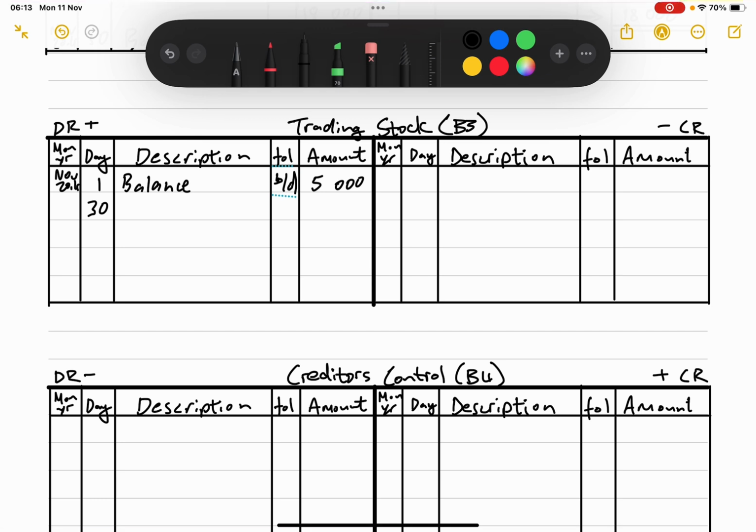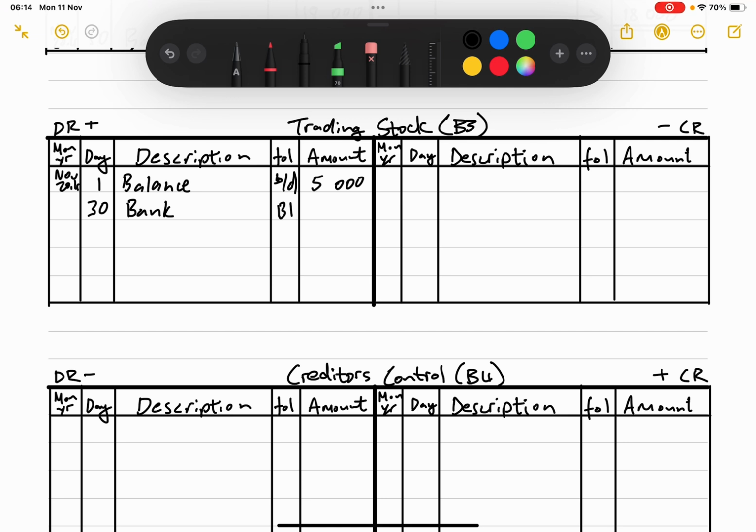Let's say you buy some trading stock from your supplier, and you pay with cash. In that case, you will have to record a cash transaction, which will be bank. So you go in your CPJ, you go to the trading stock column, you see what it is at the bottom, and that will be how much trading stock you bought with cash.